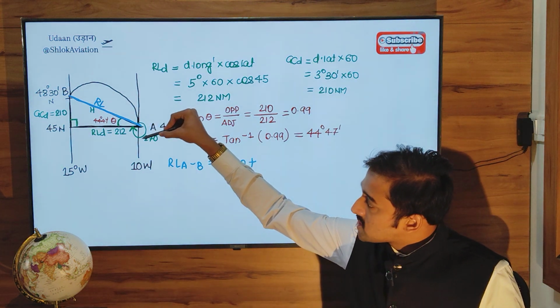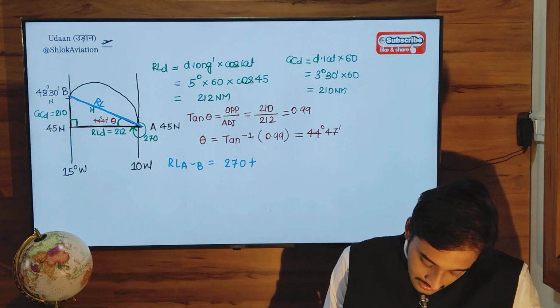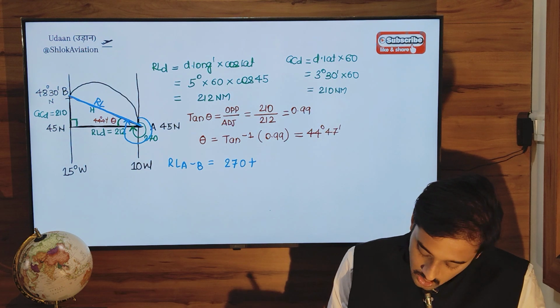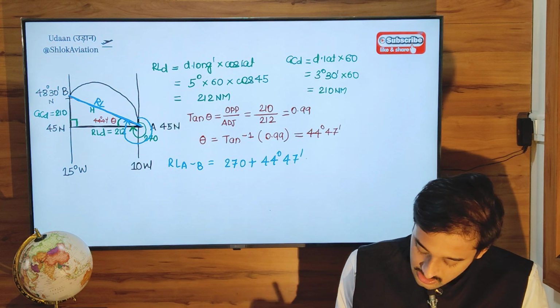So the total angle will be 270 plus theta, which is 44 degree 47 minutes.